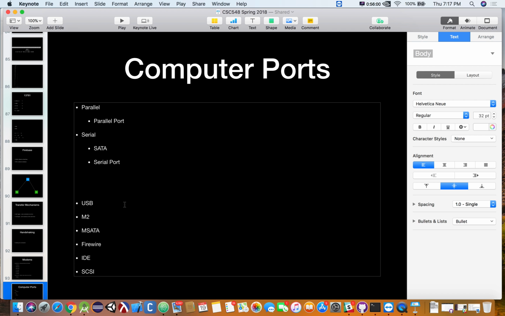Is this parallel or serial? No way. USB is a parallel technology?